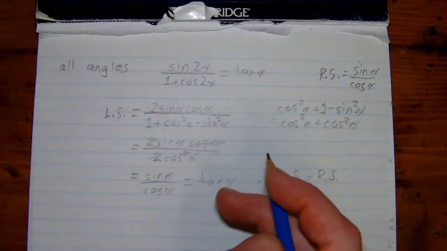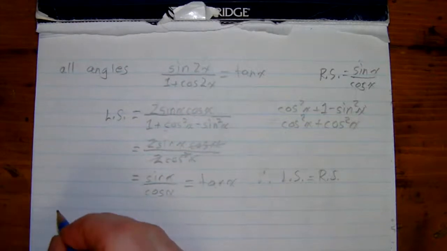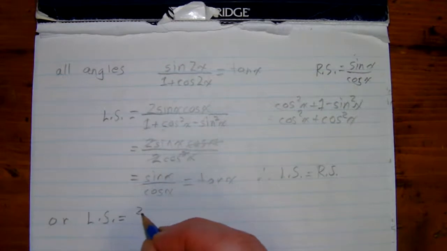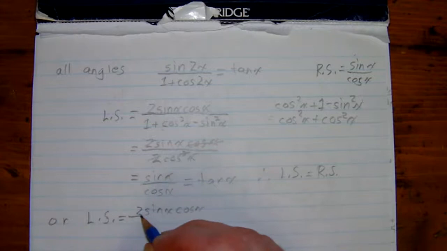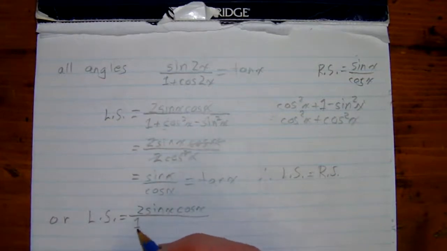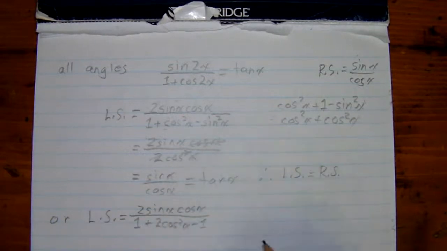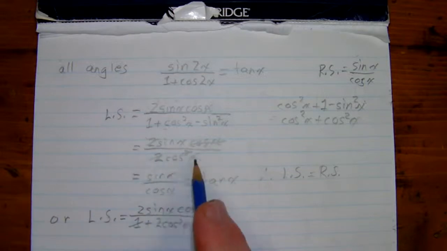Daniela, can I show the way if we were to put 2 cos squared x minus 1 in the bottom instead? Yes. So left side equals, again, sine 2x will work out the same, but in the bottom we will get 1 plus 2 cos squared x minus 1, and then you can see from here 1 minus 1 adds to 0, and we're left with 2 cos squared x just like we were here.